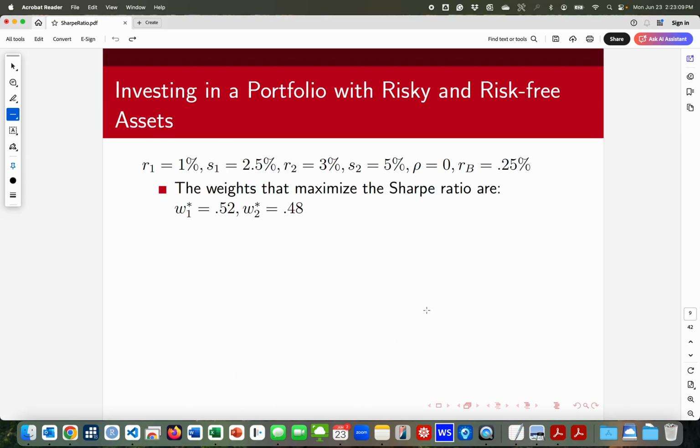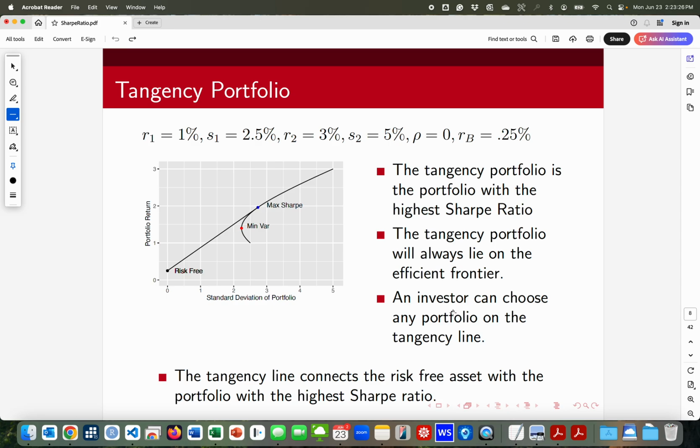So we need to think about, I'll go through examples with this in Excel because there's math behind this we haven't seen yet. What we're finding in this example is stock 1 gets 52%, stock B gets 48%. That represents the blue dot. So that tells us where we're falling on the efficient frontier right here.